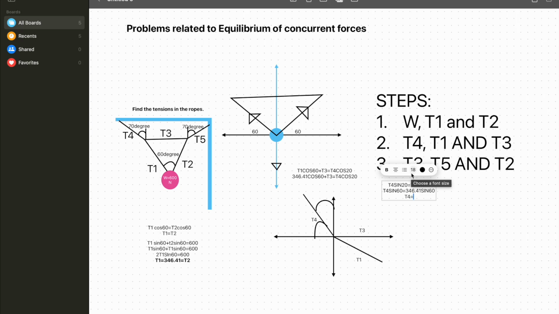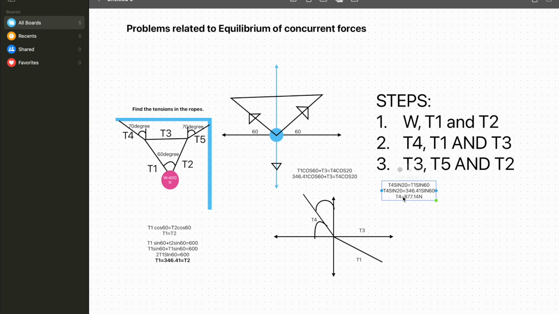Then we can get our desired T4 from here. If we calculate 346.41 multiplied by sine 60, okay, I think here it should be 20. So sine 60 by sine 20, it's 877.14 Newton.